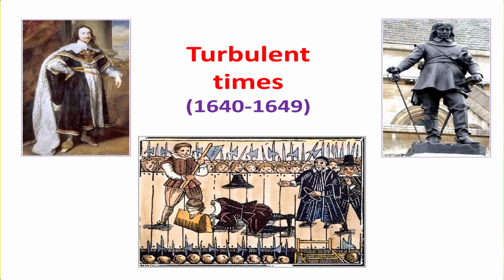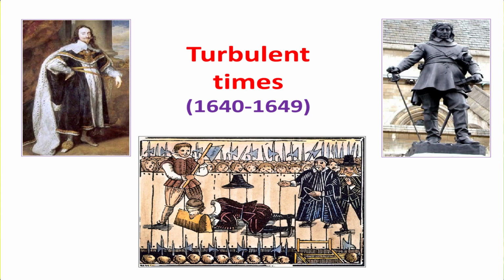The king was later arrested and convicted of high treason. Among those signing his death warrant was the military leader Oliver Cromwell on the right, and in 1649, the king was executed in London, as we see in the picture.